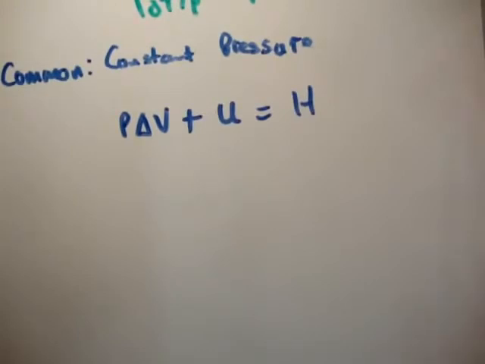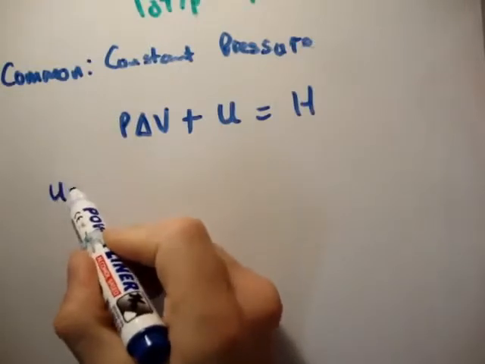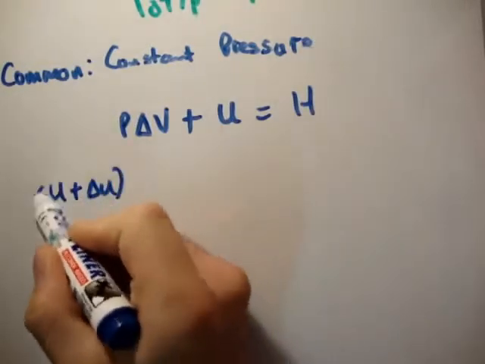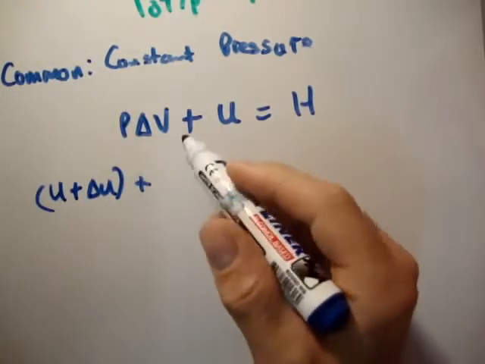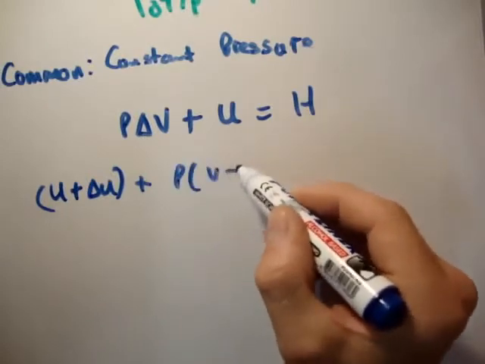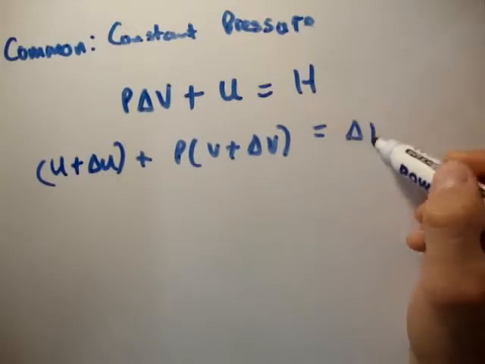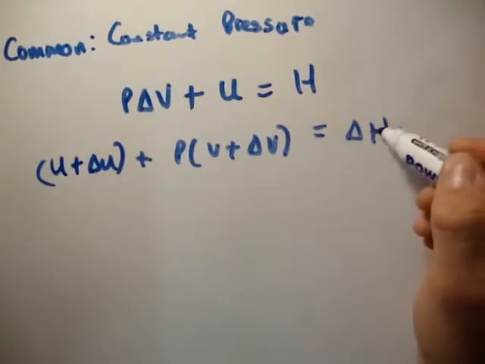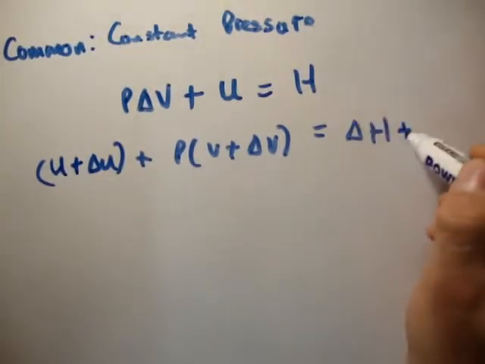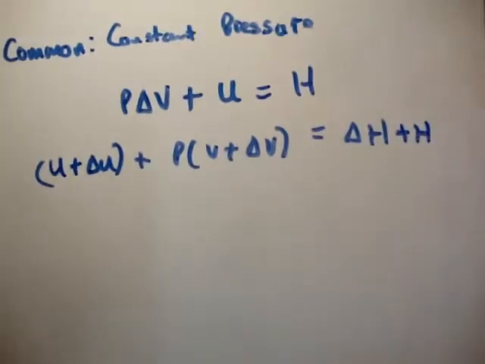So how do I get the change in enthalpy? Well, the change in enthalpy is going to be as follows. It's going to be U plus delta U plus P outside of V plus delta V. That's going to be equal to H plus delta H. Alright?